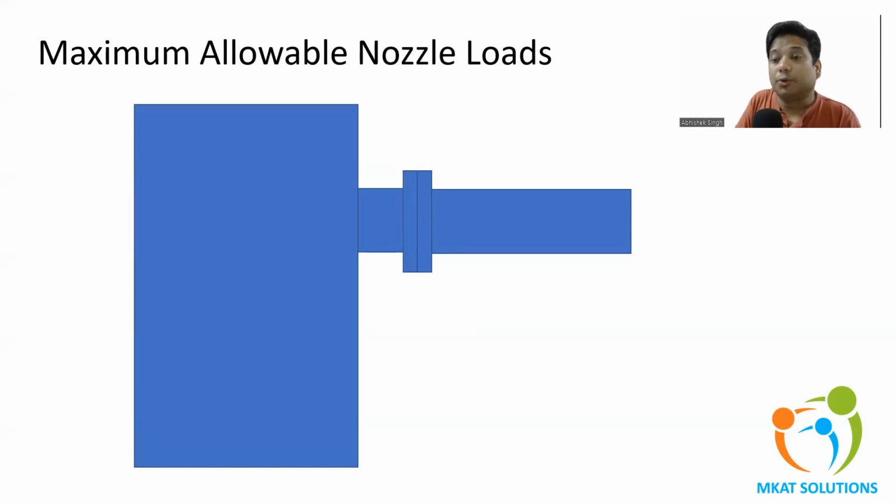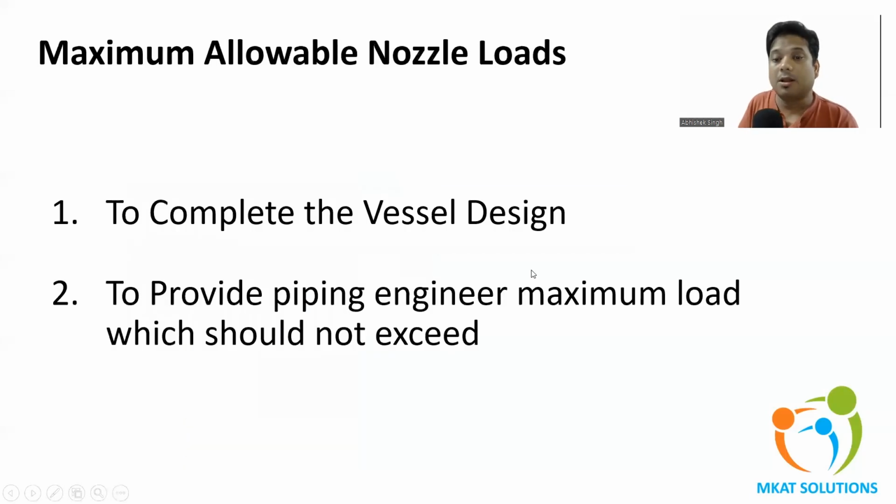Now, there are two reasons why we need to find this maximum allowable nozzle load. First, we have to complete the vessel design, because we cannot wait for the nozzle loads coming from piping.